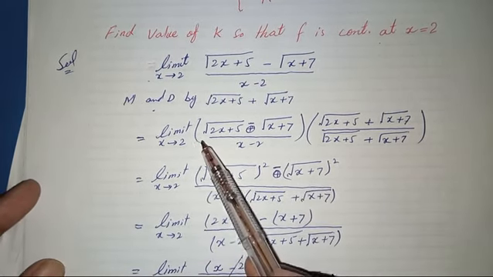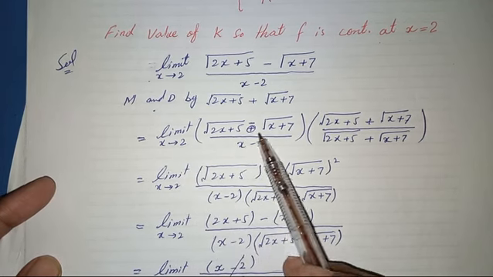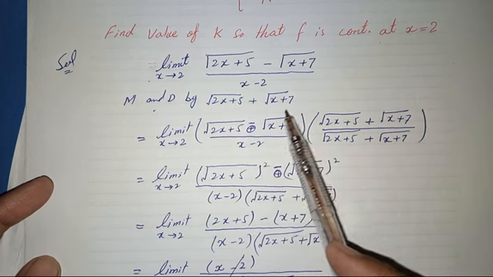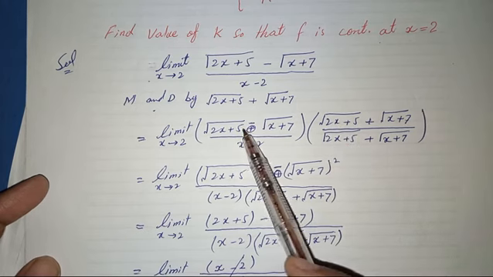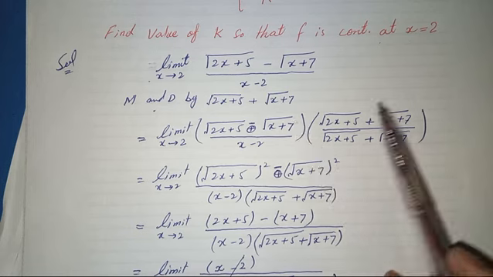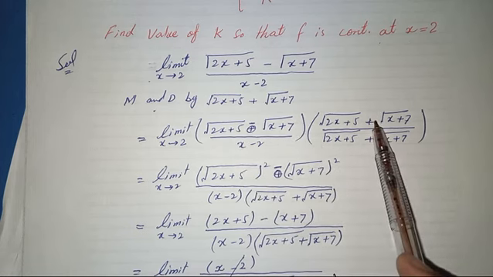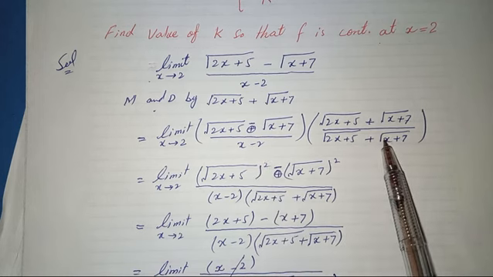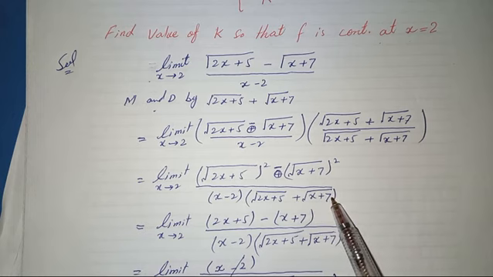I am repeating again. Limit x tends to 2. This given function is multiplied by square root of 2x plus 5 plus square root of x plus 7 in numerator and denominator, right? So after simple multiplication, numerator term multiplied with numerator term can be written as, while denominator term multiplied by denominator is x minus 2 into (square root of 2x plus 5 plus square root of x plus 7).